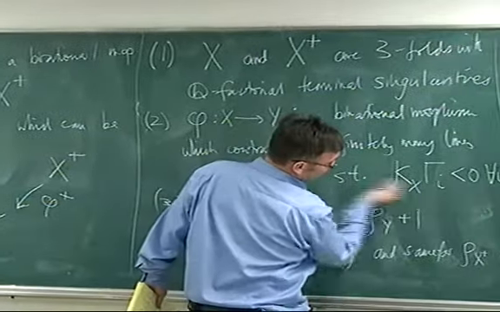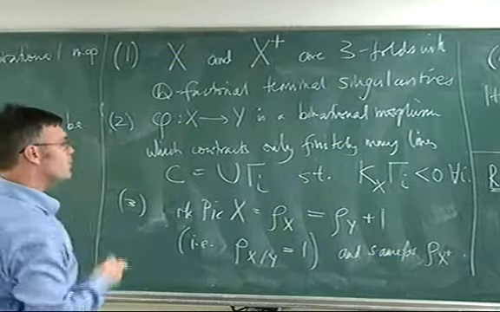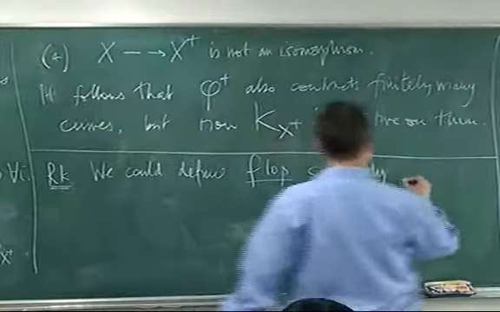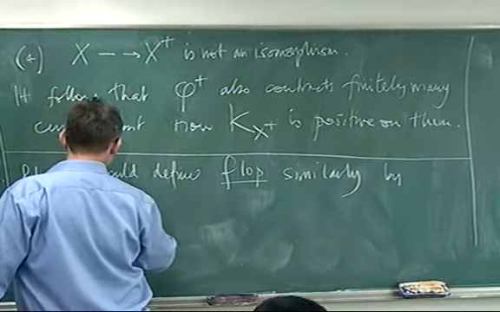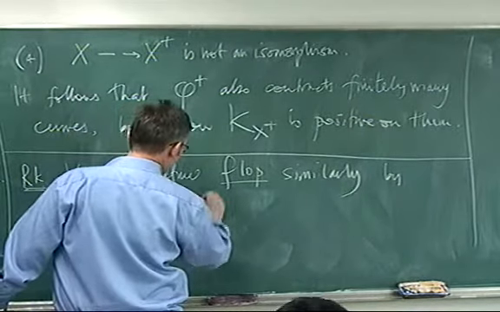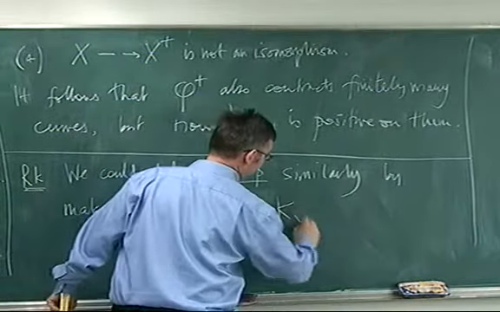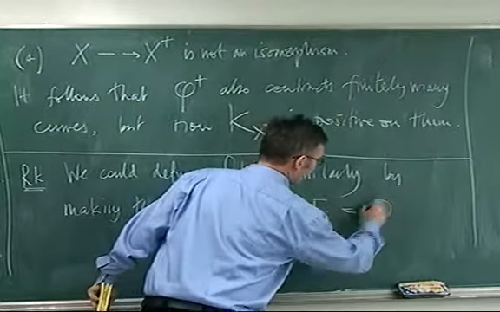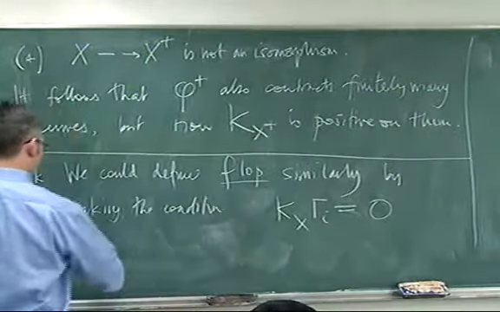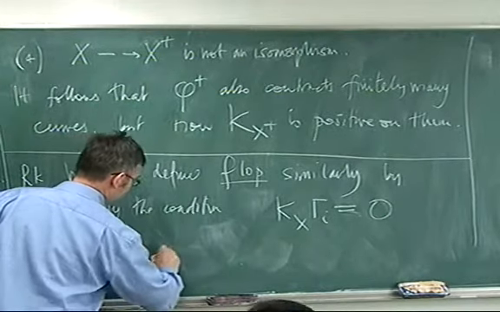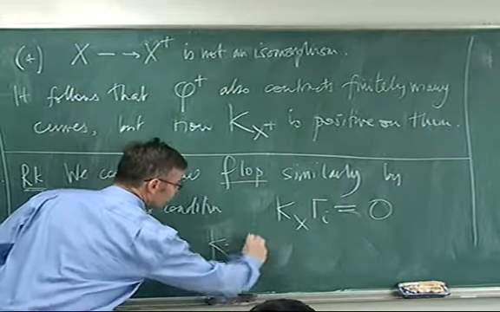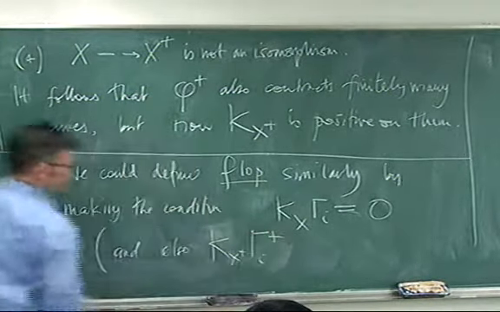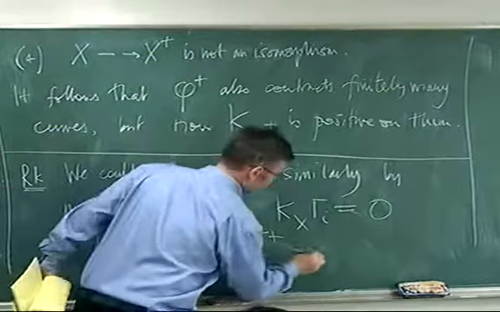And the critical difference would be here, where we've said the canonical class is non-zero: for a flop we'd say the canonical class is 0 against contracted curves, by making the condition KX times gamma I equals 0, that's an equals, and correspondingly on the other side, also KX plus, well, we haven't got any notation here, but you can imagine the contracted curves gamma I plus also equals 0.